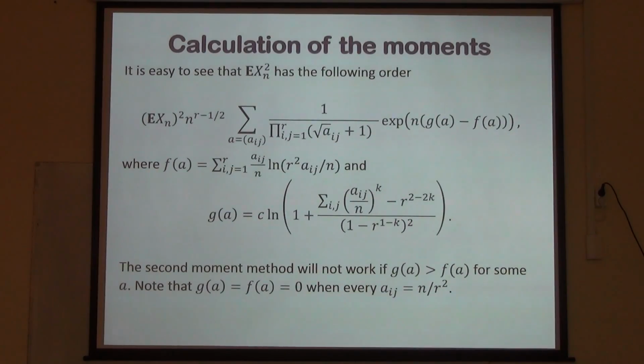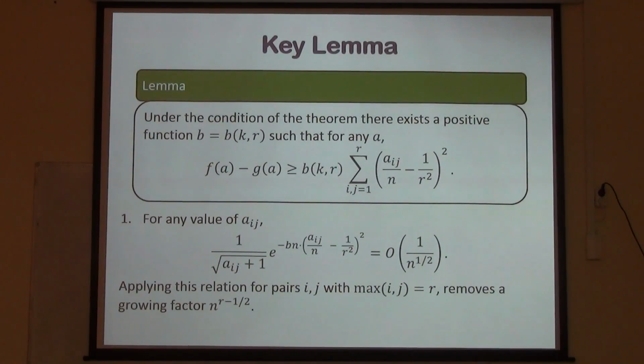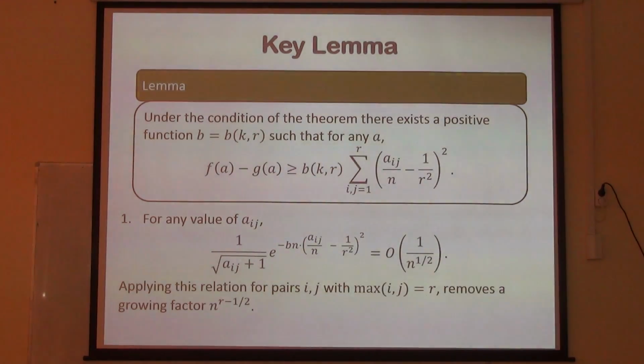But could there be a nice form when you go back to your key lemma? Could there be a nice form of BKR? Yes. So we can give some exact implicit expression, but could the best BKR be a very nice function? It's a lovely inequality.